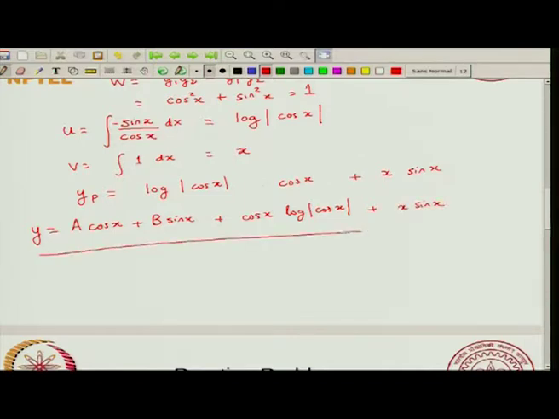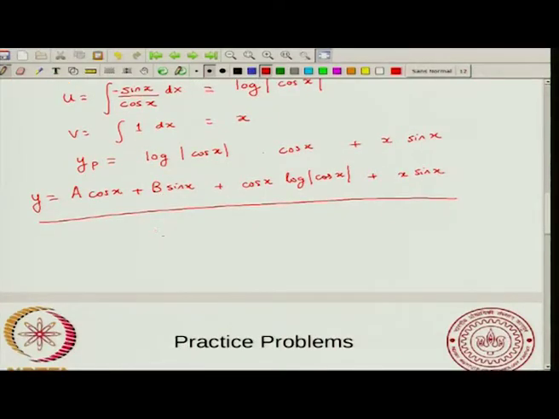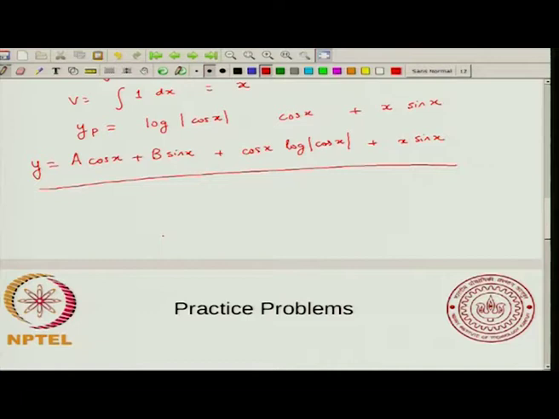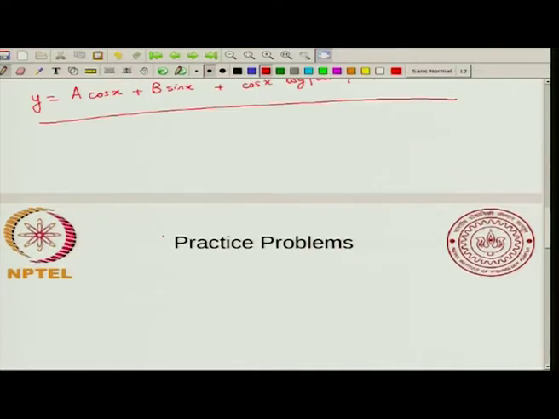This is the general solution, and you can see that there are 2 arbitrary constants in it, and you can verify that when you substitute this in the non-homogeneous differential equation, it is a solution. So this is an illustration of the method of the Wronskian to solve this non-homogeneous second order differential equation.